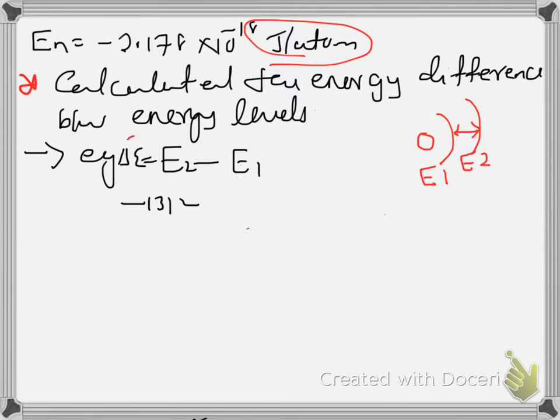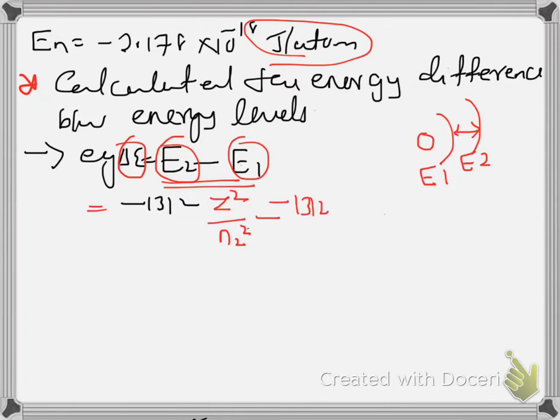Then the change in energy, delta E, equals E2 minus E1. Now we have to remember that E2 equals minus 1312 into Z square by N2 square, minus, for E1 we write, minus 1312 into Z square by N1 square.